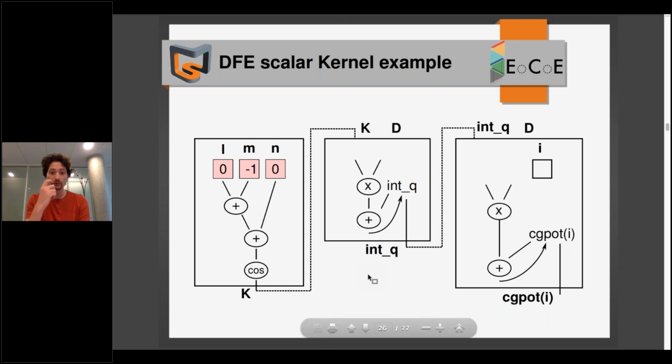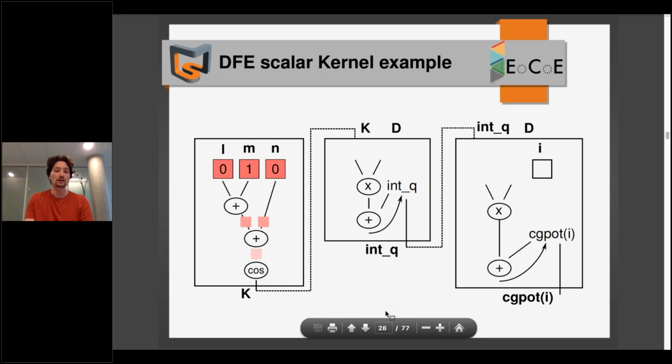We start with the first mode: L equals 0, M equals 0, N equals 0. We do a first addition of L and N, and while we have done the first addition, the second mode is in preparation. Next clock tick, for the very first mode I already have L plus M plus N computed, and the third mode is in preparation.